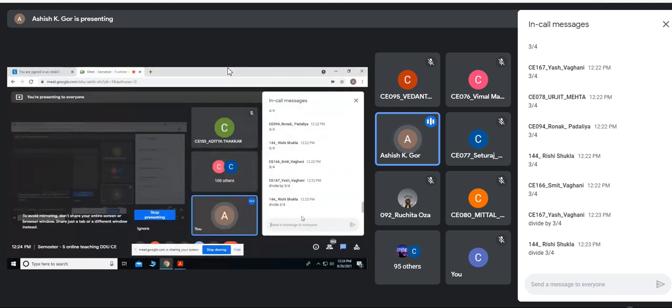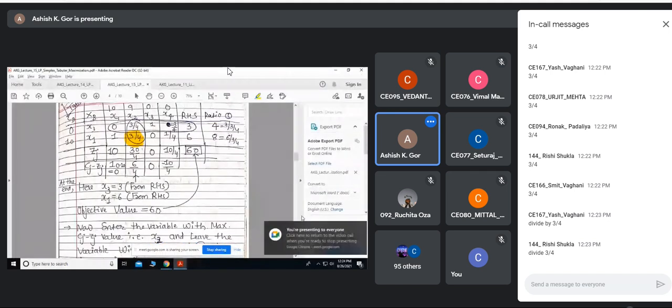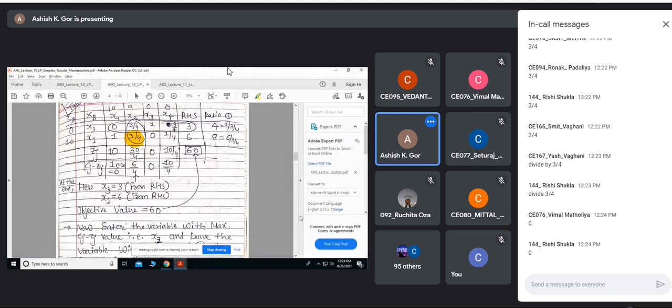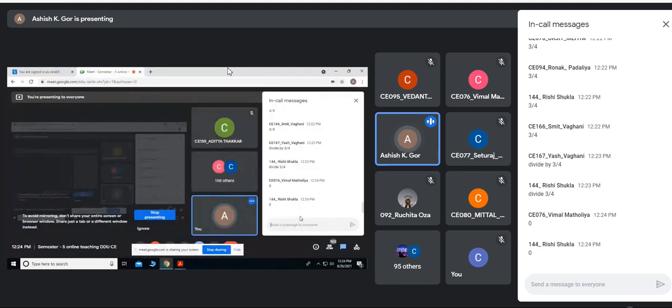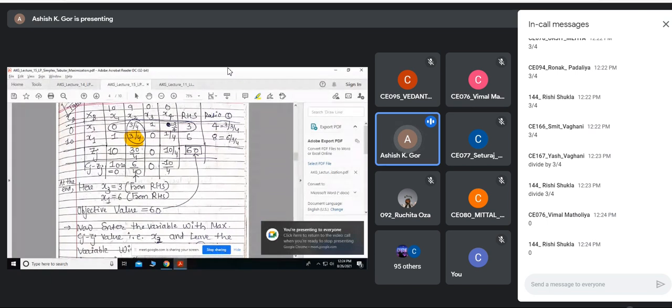What will happen to that value? That will become what? Can you say directly? 0. Very correct.